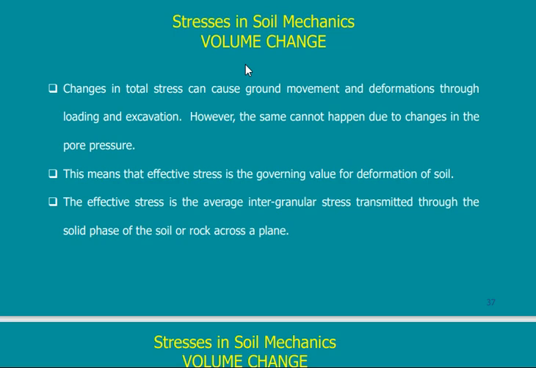No, they will stay the same. Sand particles will be the same whether I stand on top of it or I take it in my hand, it will still be the same size of sand particle. But what happens is the voids between the sand particles get compacted. So when I subject the soil to stress, what happens is that the voids are affected, not the soil particles.